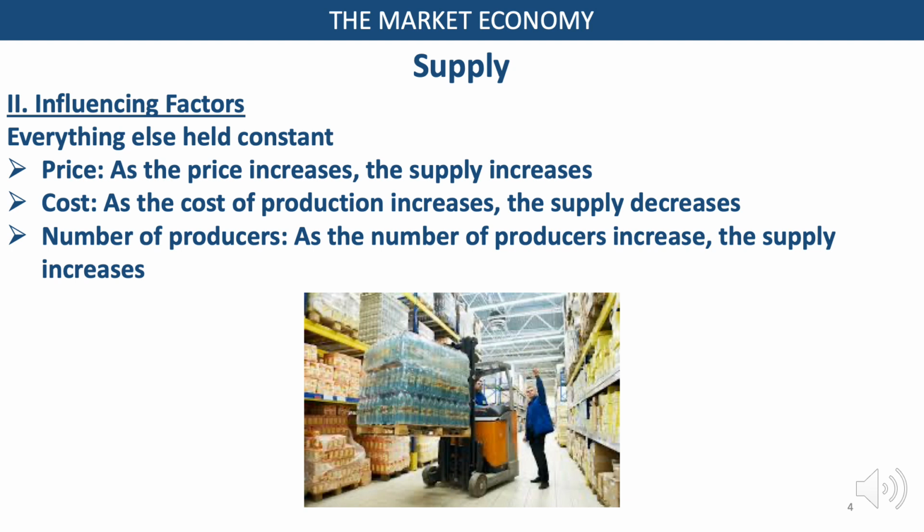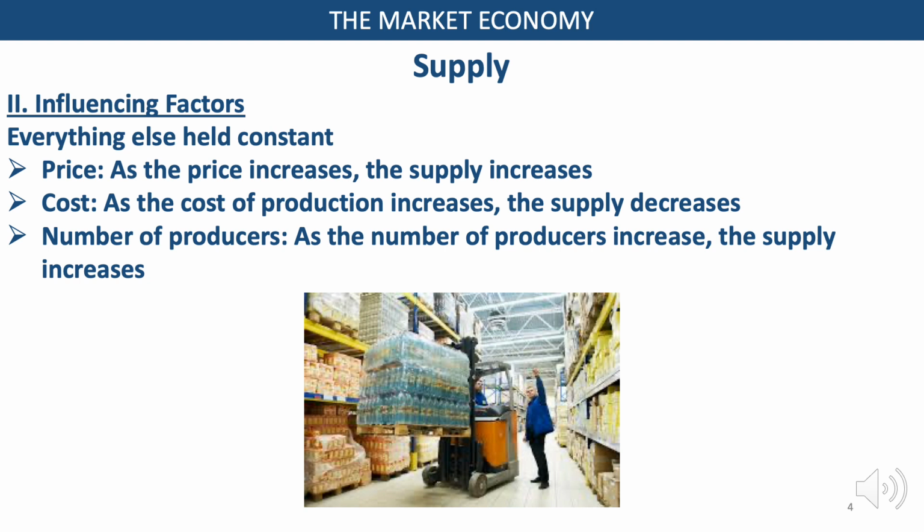The cost, it's exactly the opposite. When we are keeping everything else constant, the higher the cost of production, the lower the supply, because we are not going to profit as much as we used to. Therefore, we are going to decrease our production. It's no longer as motivating as it used to be.